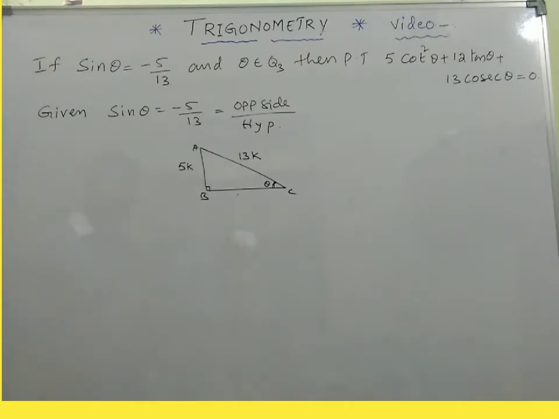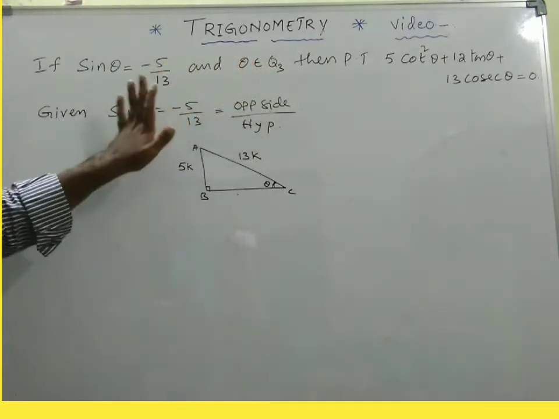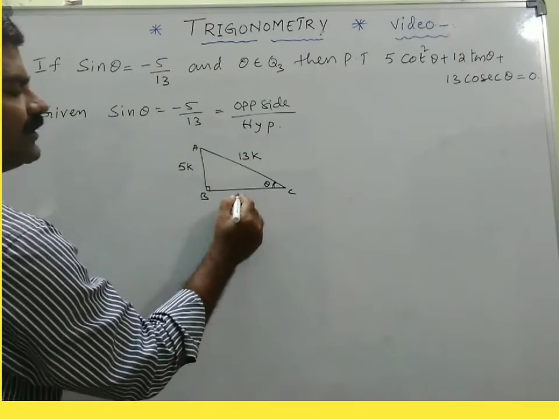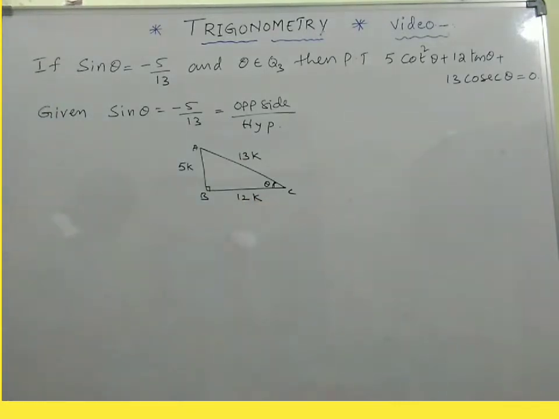The sign indicates only, in that particular quadrant, whether the ratio is positive or not. Then using Pythagoras theorem, you get BC as 12k, isn't it?